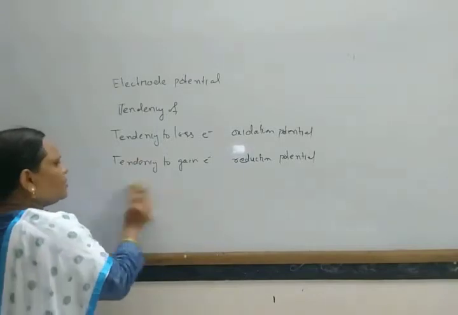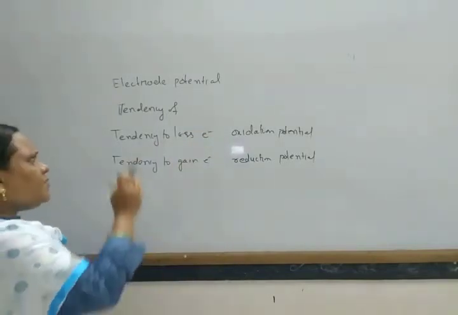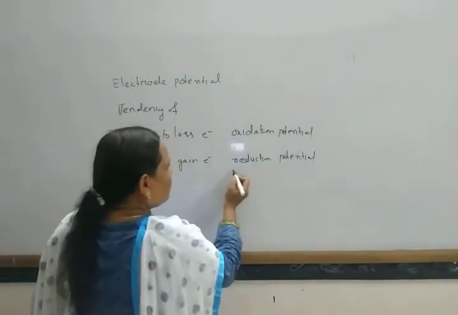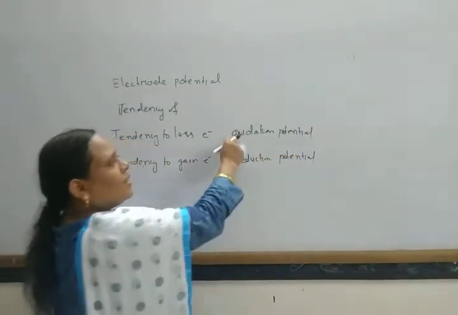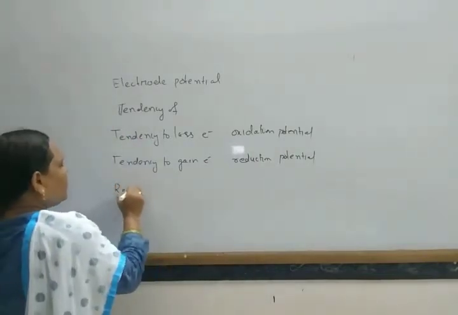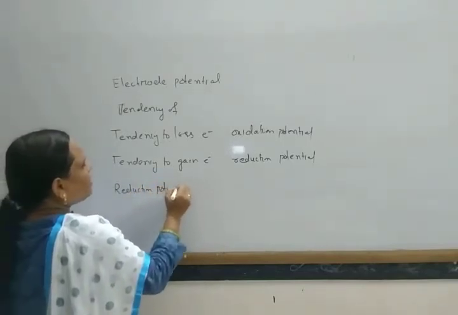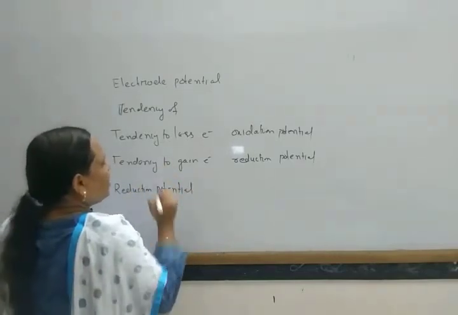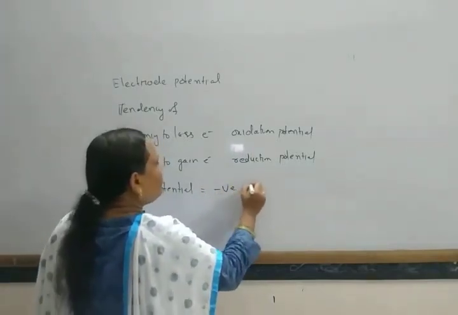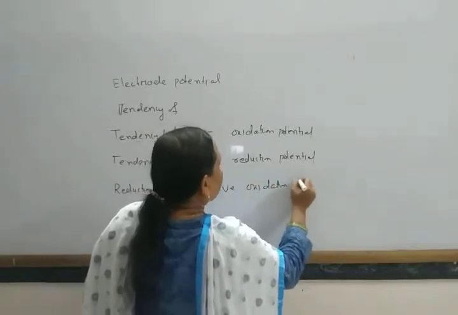So if we know the reduction potential of an electrode, from that we can calculate its oxidation potential.